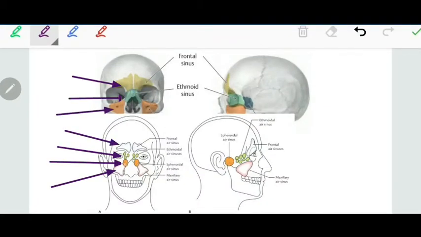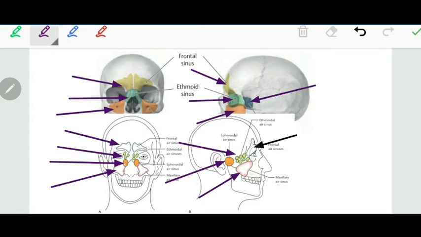The paranasal air sinuses are air containing cavities in the bones surrounding the nasal cavity.